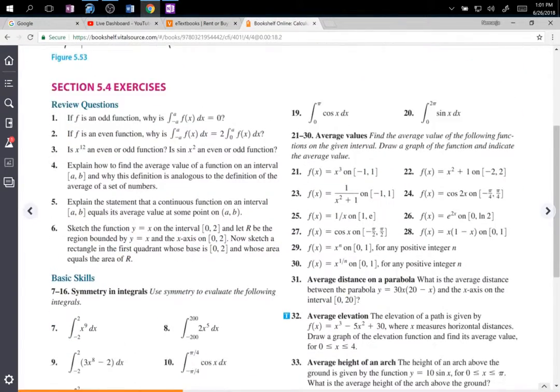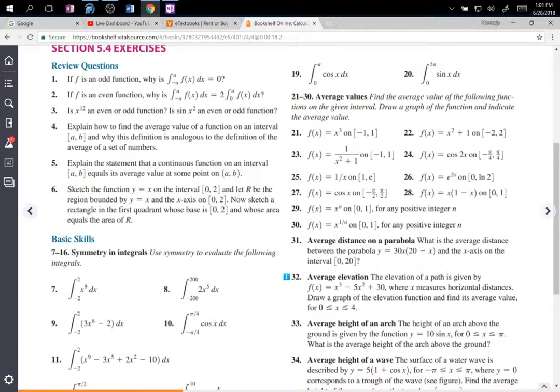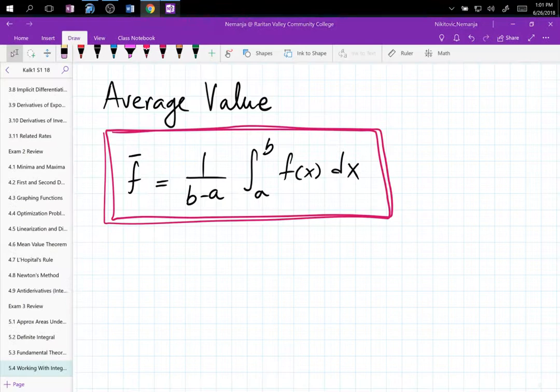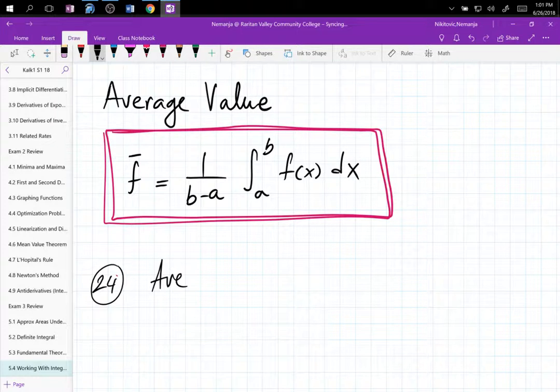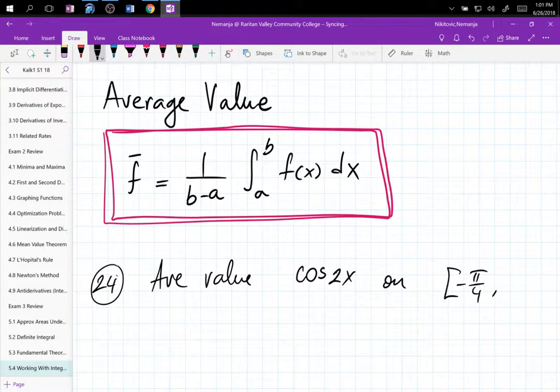There we go. So, average value for cosine 2x, so let's go 24. Average value for cosine 2x on negative pi over 4 to positive pi over 4.